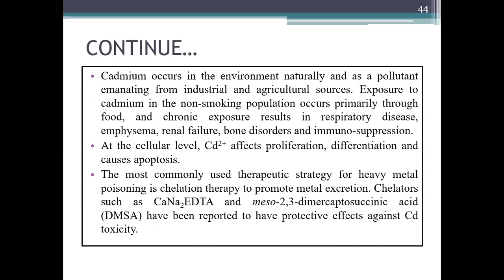Cadmium occurs in the environment naturally and as a pollutant emanating from industrial and agricultural sources. At the cellular level, cadmium affects proliferation and differentiation, and causes apoptosis. The most commonly used therapeutic strategy for heavy metal poisoning is chelation therapy to promote metal excretion. Chelators such as meso-2,3-dimercaptosuccinic acid have been reported to have a protective effect against cadmium toxicity.